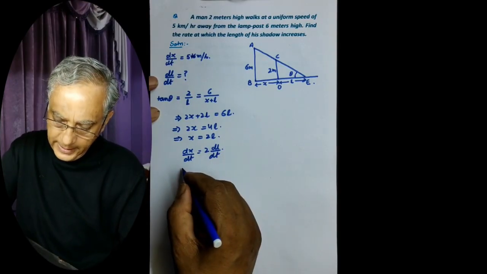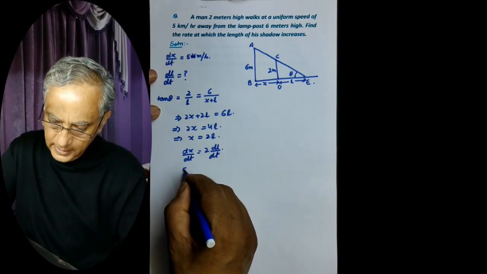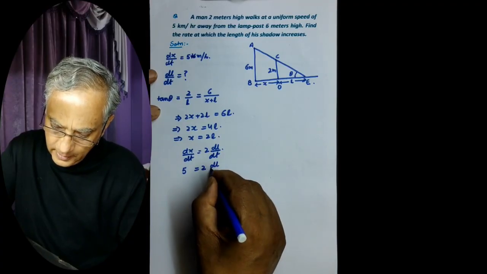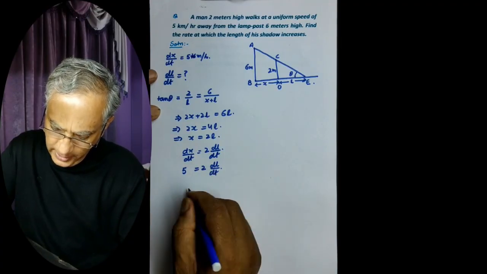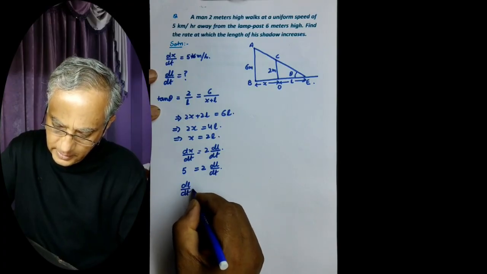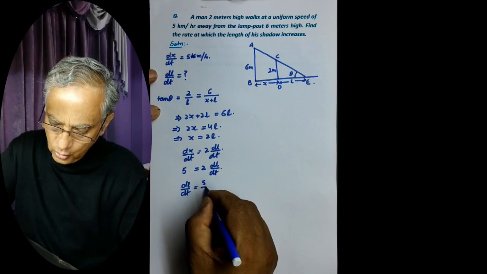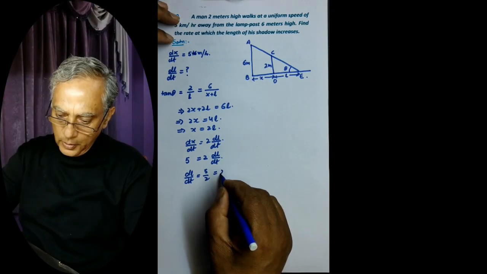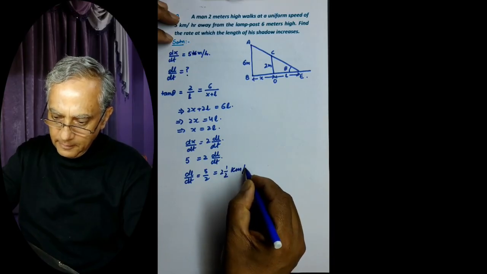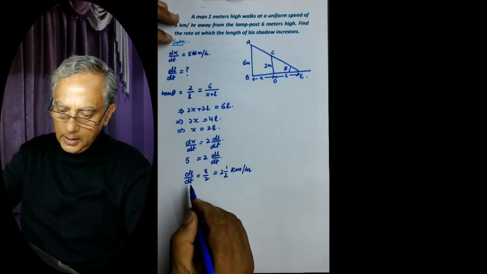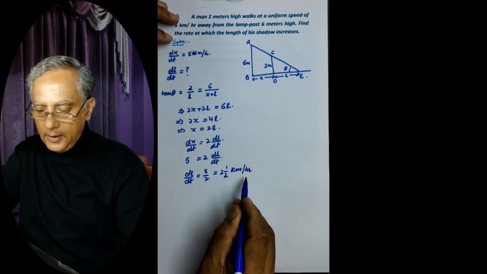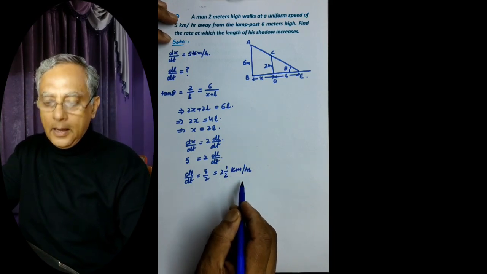Now dx by dt is 5. So 5 is equal to 2 into dL by dt, and therefore dL by dt is equal to 5 by 2, that is 2.5 kilometers per hour. Length of his shadow is increasing at the rate of 2.5 kilometers per hour.